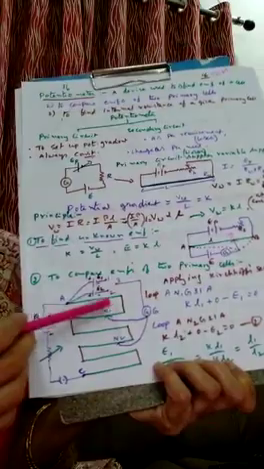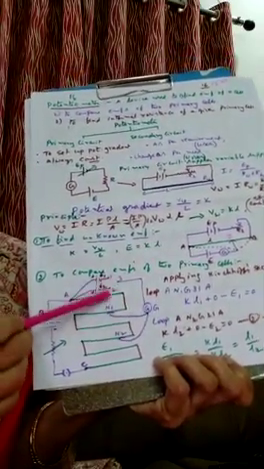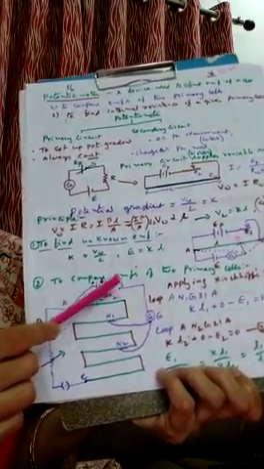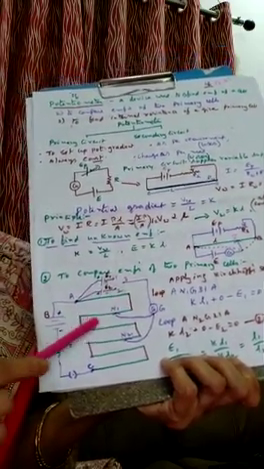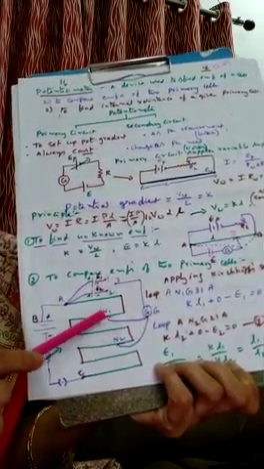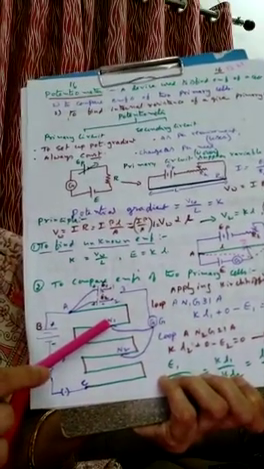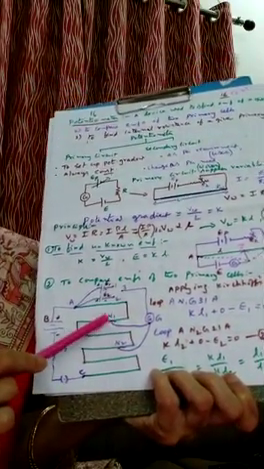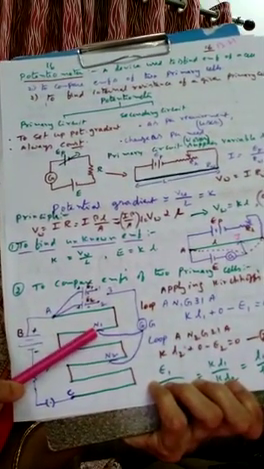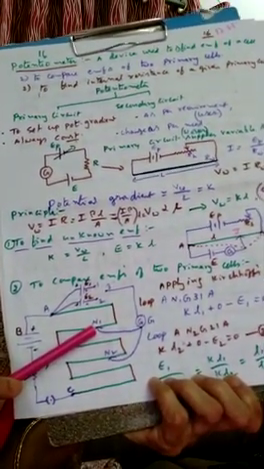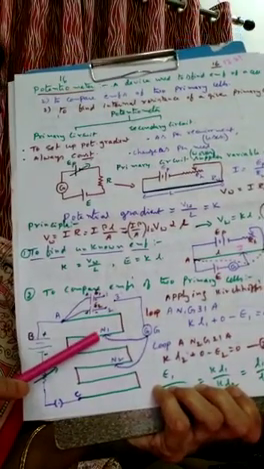Now, after that, what happens? First of all, you connect 1 and 3, and then you slide the jockey on the wire to one place, which we call N1. The galvanometer shows null deflection. What does it mean?